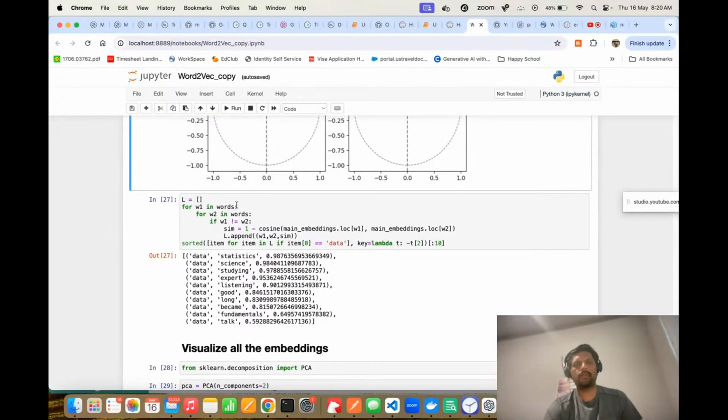So now for W1 in words and W2 in words, each word and corresponding other word, he is trying to show us what is the main_embeddings.